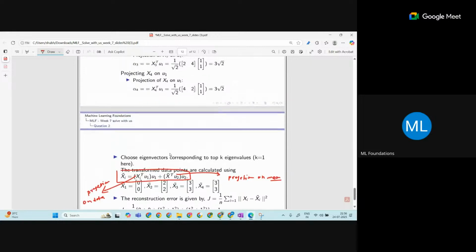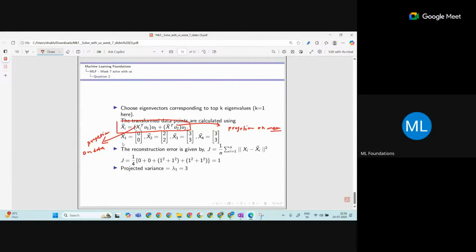We proceed with that to find the reconstructed vector x1 tilde, x2 tilde, x3 tilde, x4 tilde, meaning approximated or reconstructed.